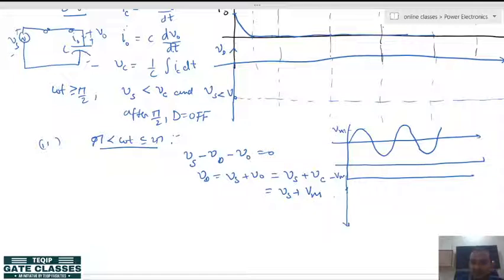So, what will you get? You will get twice the supply. If you add these two, this 0 point will come to the minus Vm point, and this Vm point will come to the 0 point. If you draw here, this Vm point will come to 0 point, and again the 0 point comes to the minus Vm point, and what will happen to negative values?